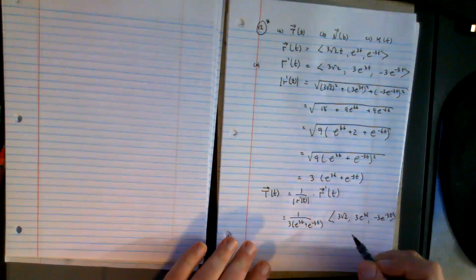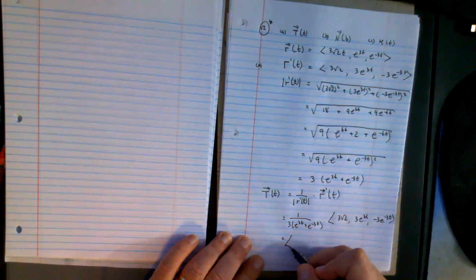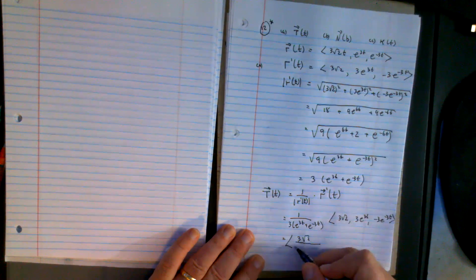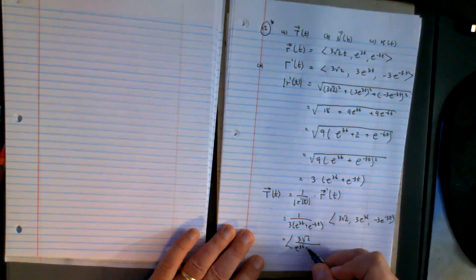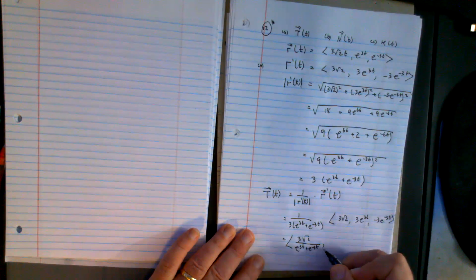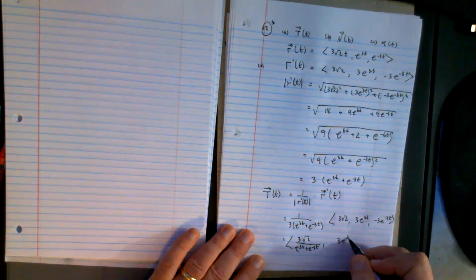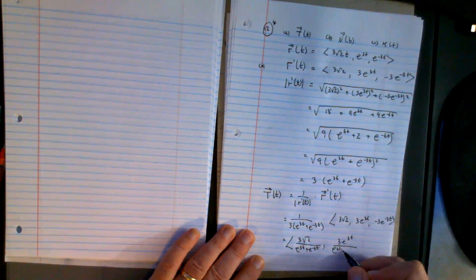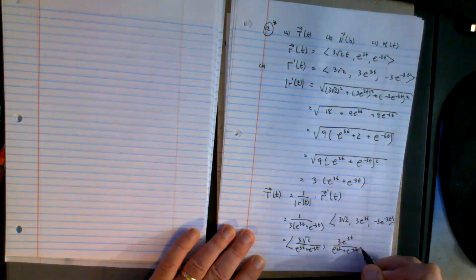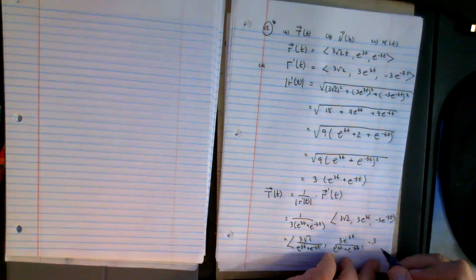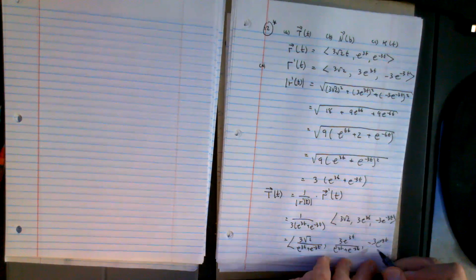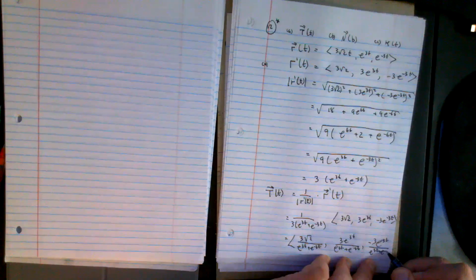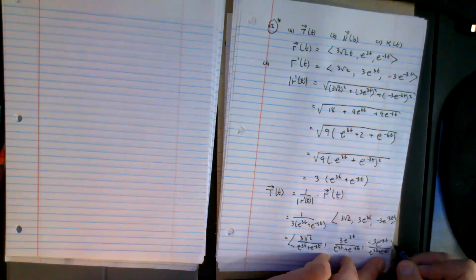We put that together, cancel some 3's while we're at it, and we get 3 root 2 over this expression, 3e to the 3t over the same expression, and lastly, negative 3e to the negative 3t over the same. Not a very pretty answer, but that's what it is.